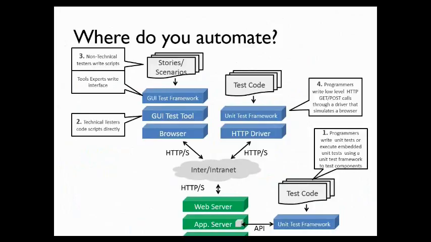Bottom right, you've got a unit test framework that might drive objects that reside on servers themselves. So you're not going across an intranet or a network in order to access the application server. This doesn't add an awful lot of value, but it is really just to illustrate that all architectures have opportunities for automation at multiple levels.